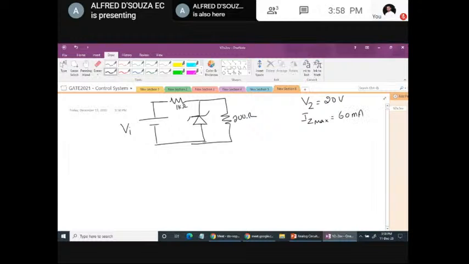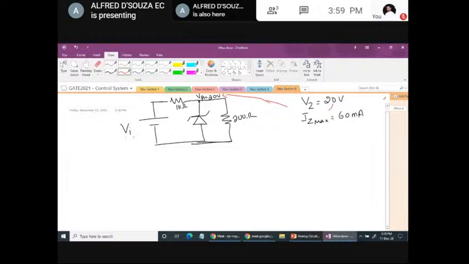milliampere. So if this Zener diode is to be in the conducting stage, then the voltage at this point must be at least 20 volt, because that is the Zener breakdown voltage. You have to set the input voltage in such a way that after voltage division, you will get at least 20 here.